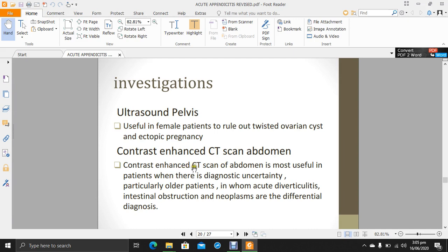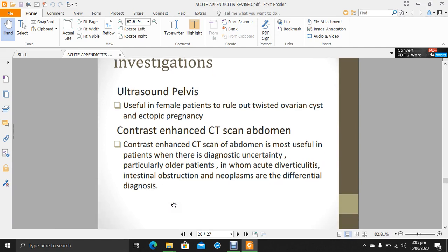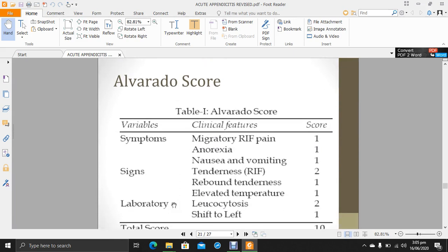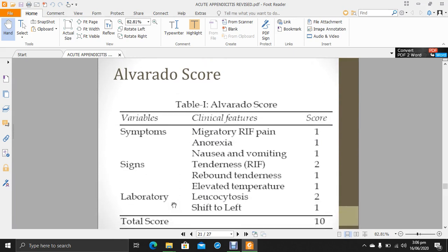So a contrast scan of the abdomen is most useful in patients when there is diagnostic uncertainty, particularly older patients in whom acute diverticulitis, intestinal obstruction, and neoplasm are the differential diagnosis. In old age patients, you should be quite careful before operating on a patient. Thorough examination, experience, and CT scan with IV and oral contrast will be quite significant, and even colonoscopy as well.